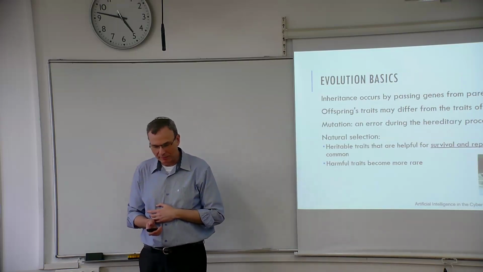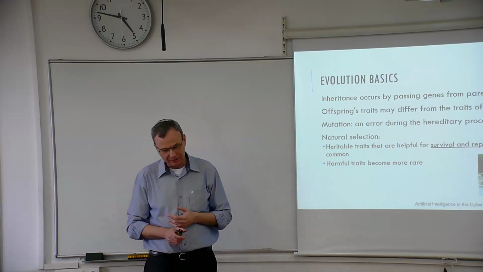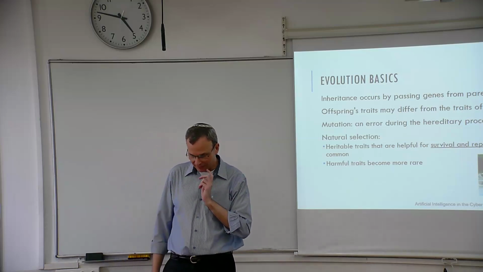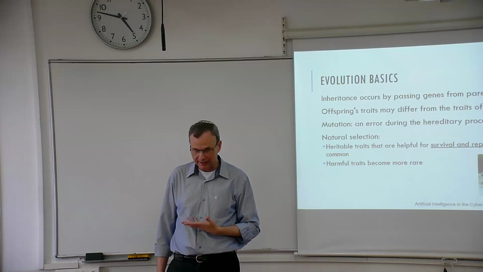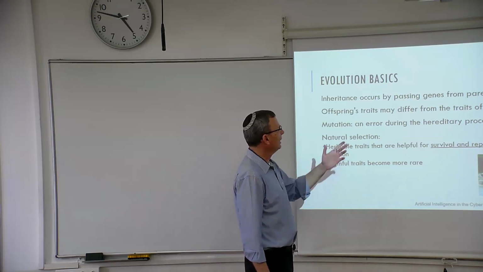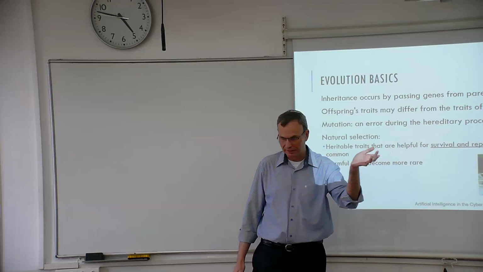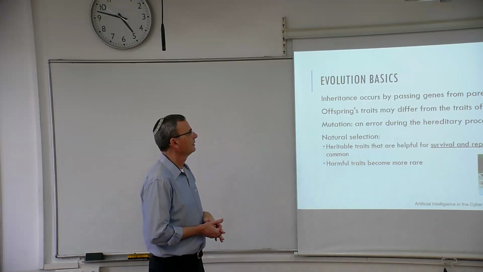So in order to explain to you how these algorithms work, I have to say a bit about real evolution. Inheritance occurs by passing genes from parents to offspring, probably you know. And the traits of the offspring may differ from the traits of their parents, okay? Because there is a combination between the 2 parents.